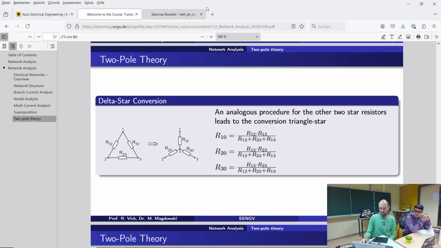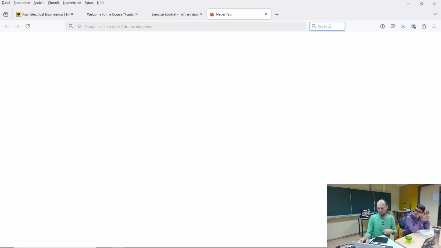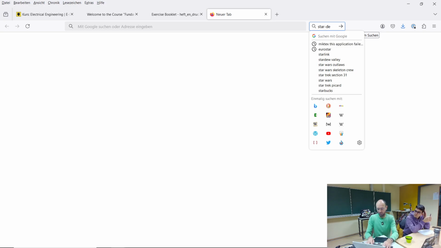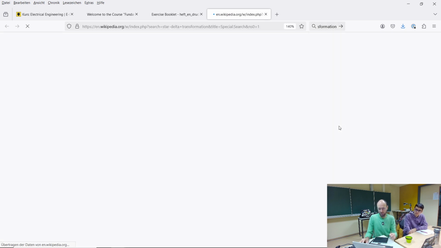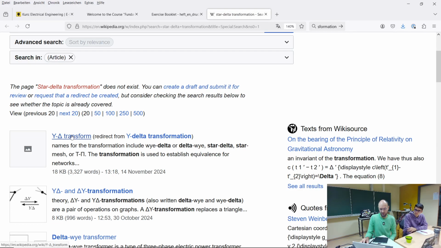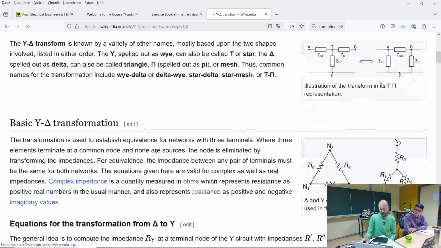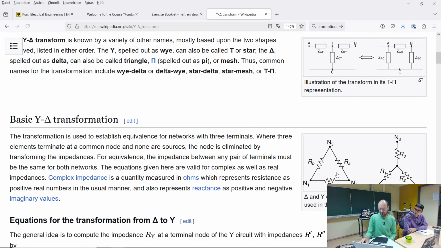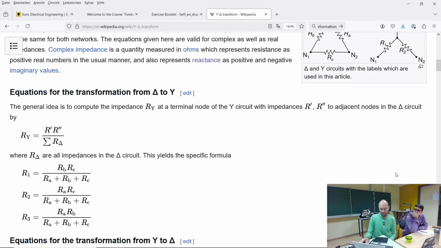And of course, we could also check Wikipedia for star delta transformation and go to the English Wikipedia and hopefully find something there. And then here it's called slightly different, but still the same thing. So here we have the delta, here we have the star.